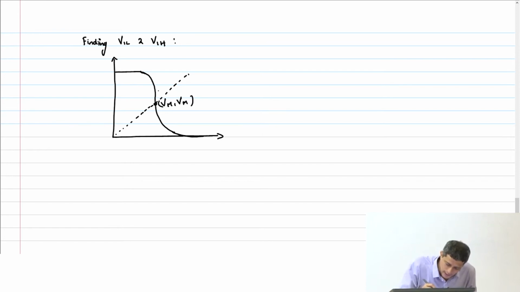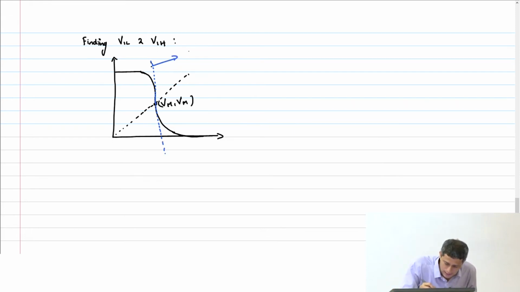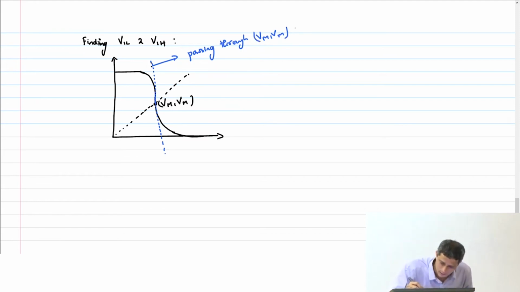Now if I find this straight line at this point at VM comma VM and I extrapolate it down, this is the line passing through VM comma VM, and the gain with slope G, which is equal to dV out by dV in at V in equal to VM.